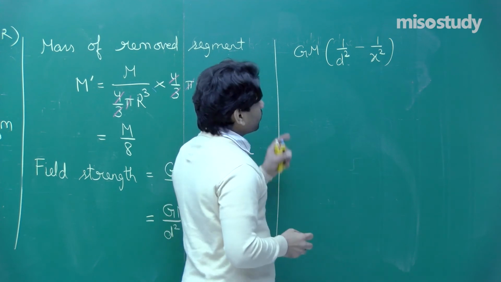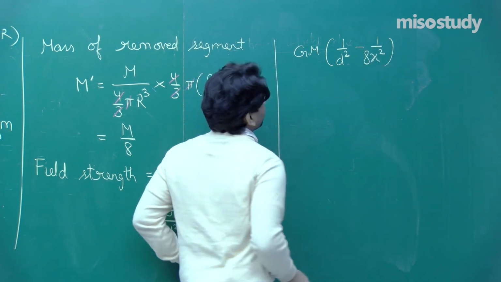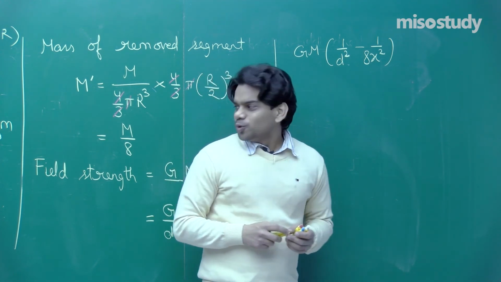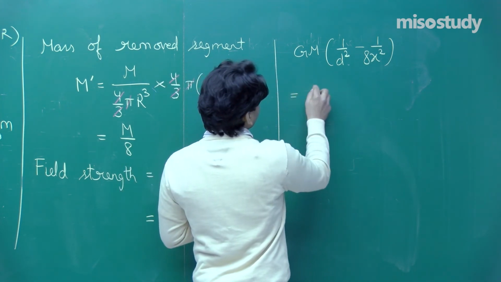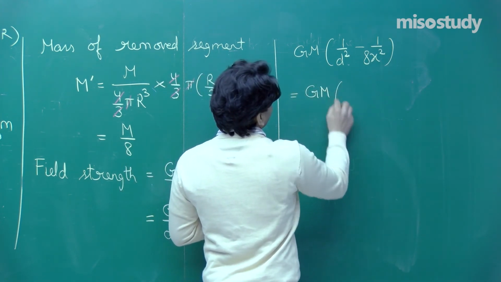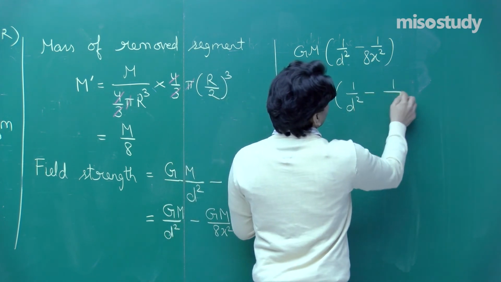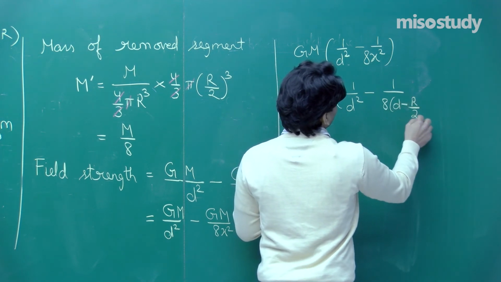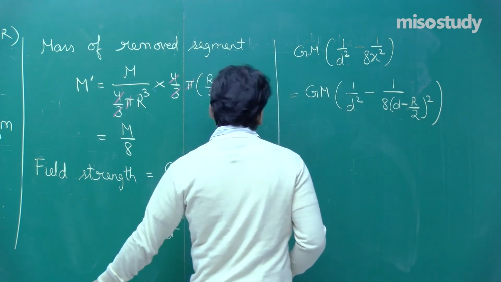I missed the 8 earlier. Substitute here, x is equal to d minus r by 2 whole square. This is what we will be obtaining.